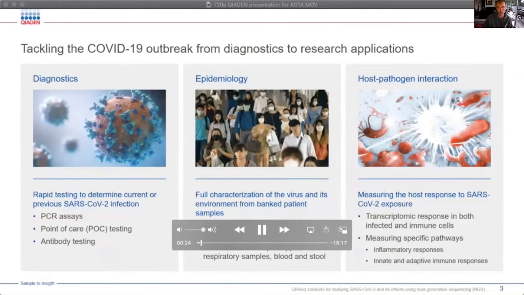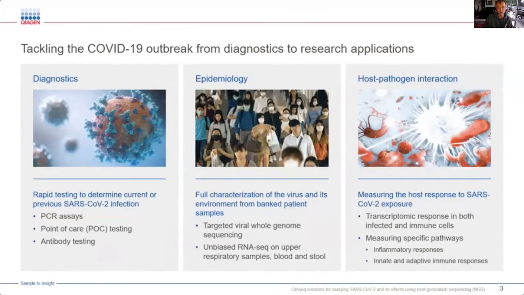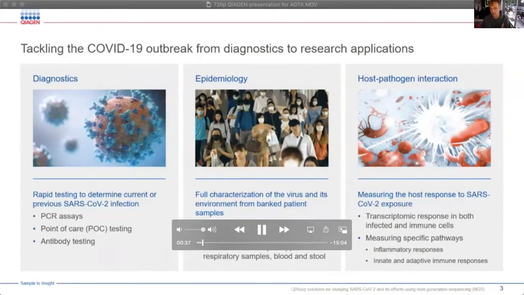So as we start thinking about tackling COVID-19, the SARS-CoV-2 virus, there's a whole host of different areas to look at. Primarily, what everyone hears about on the news is the need for diagnostics or better diagnostics. This is really for rapid testing to determine the current status or previous SARS-CoV-2 infection.